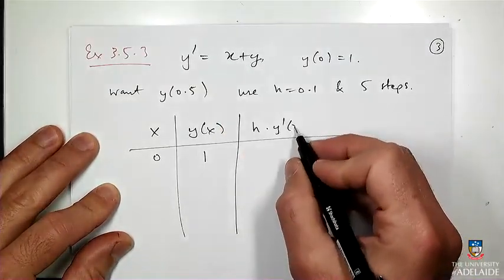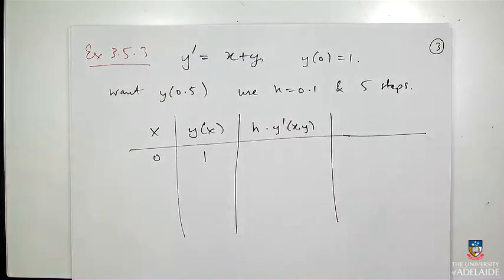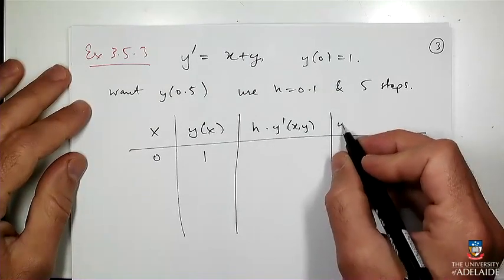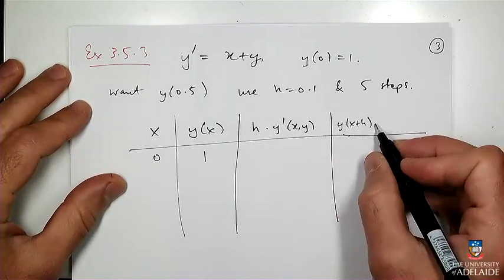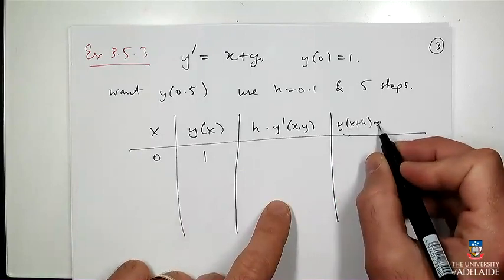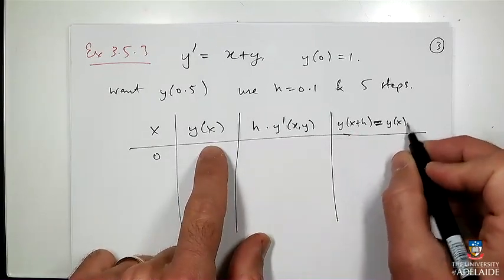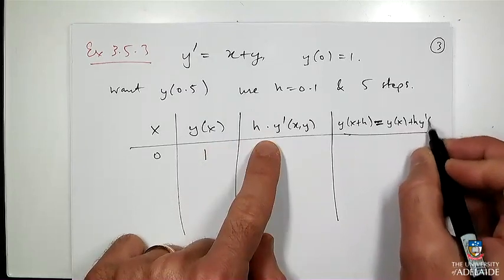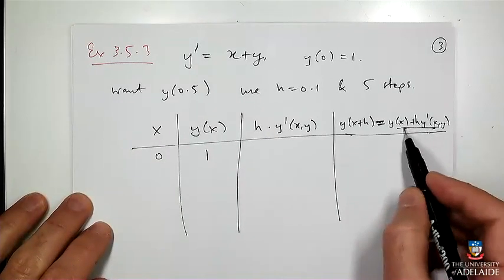So it's really y dashed of x and y. And then what's in here will be the next guess, y of x plus h. This is our guess for y of x plus h, which is y of x plus h y dashed. So this is really what we're putting in here.